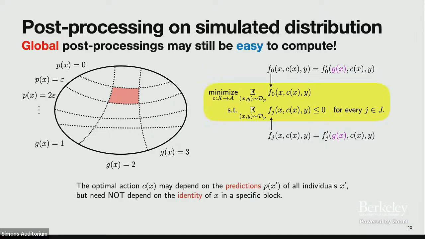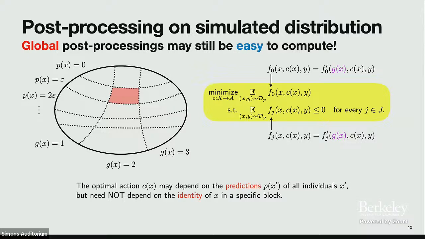And the observation here is that although the optimal action to take still needs to be global, they have to depend on the predictions of all the other individuals. They, however, do not need to depend on the identity of an individual in the specific block.